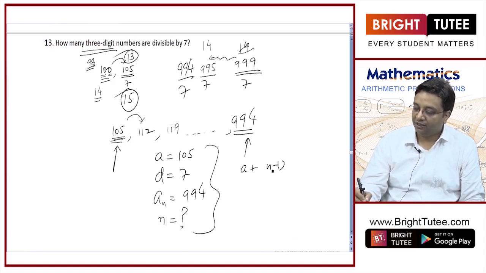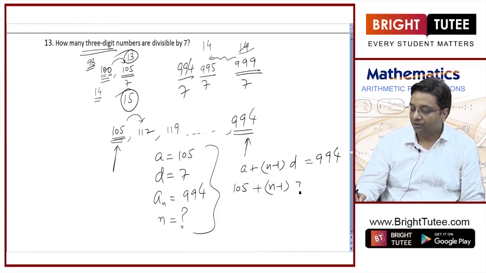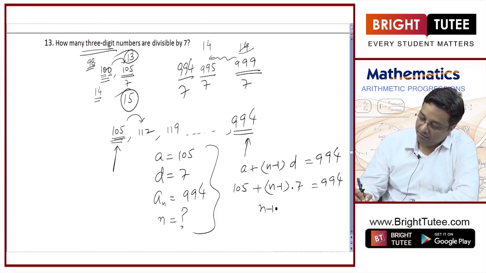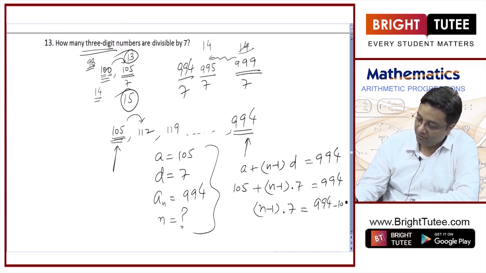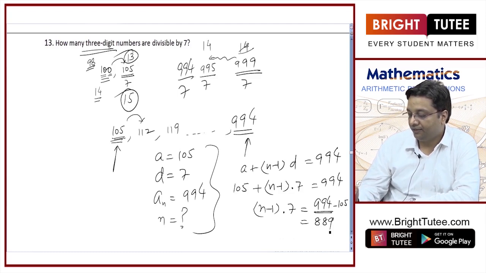A plus N minus 1 into D is equal to 994. What is the value of A? 105. N minus 1 into 7 equals 994 minus 105. If I subtract 100 from this, it will give 894. 894 minus 5 will give me 889, right?